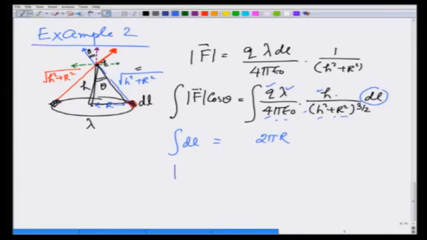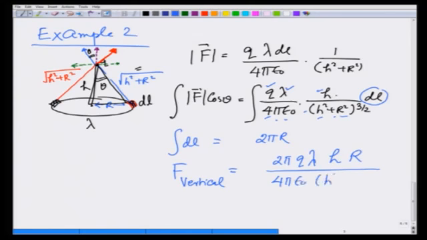And therefore, the net force comes out to be only in the vertical direction, equal to 2 pi q lambda h r over 4 pi epsilon 0 times (h square plus r square) raised to 3 by 2.